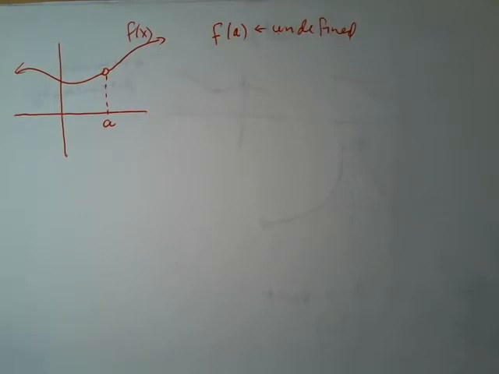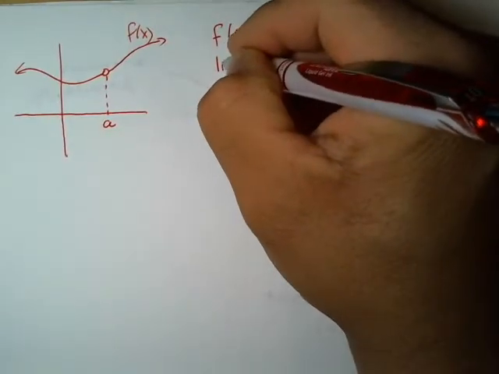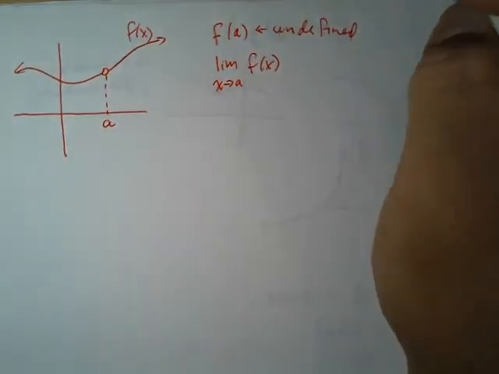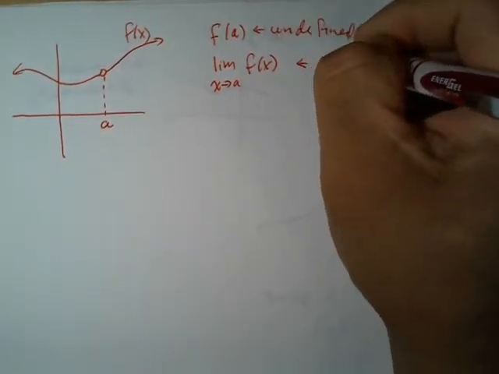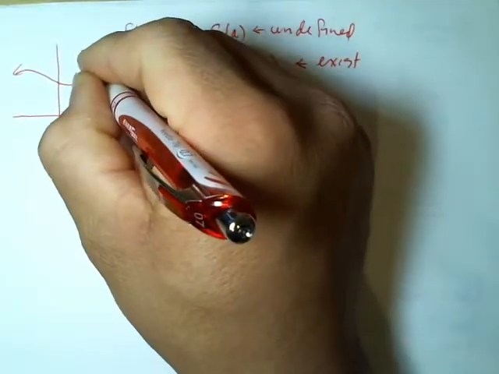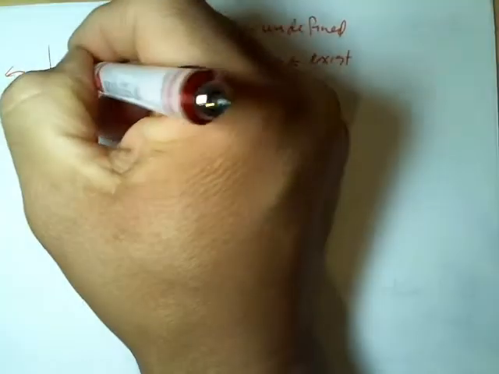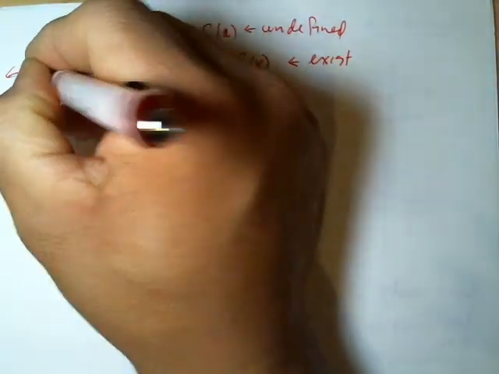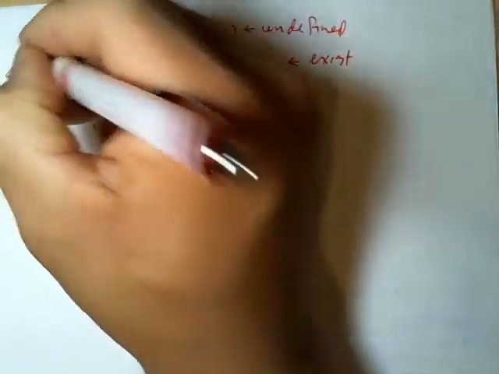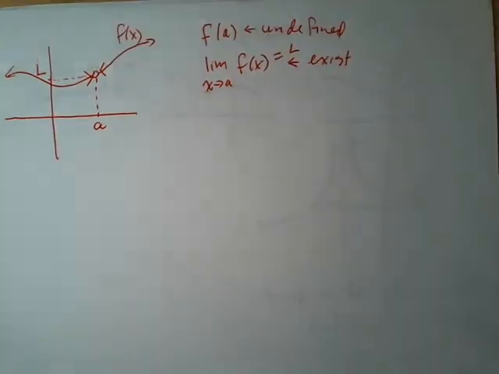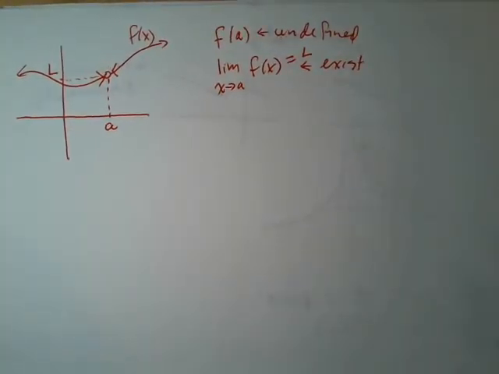Although it does satisfy the second condition: the limit does exist, because values near a are approaching whatever this value happens to be, which we'll call L. The limit is equal to L, but f of a is undefined.